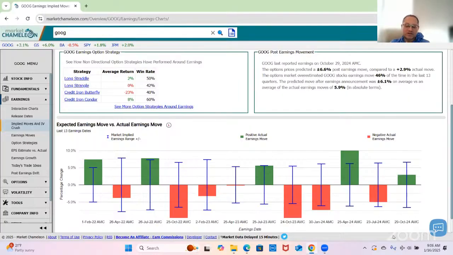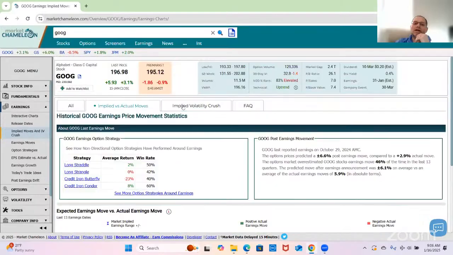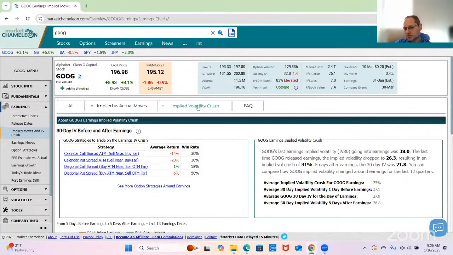And since we don't have an exact option to reference, we come up with a model or formula to track a 30-day constant maturity IV, just like the VIX does. And that's what we're looking at when we look at this implied volatility crush. How did the 30-day IV tend to get priced before and after earnings?